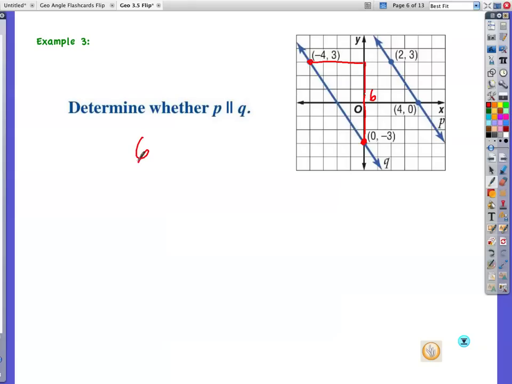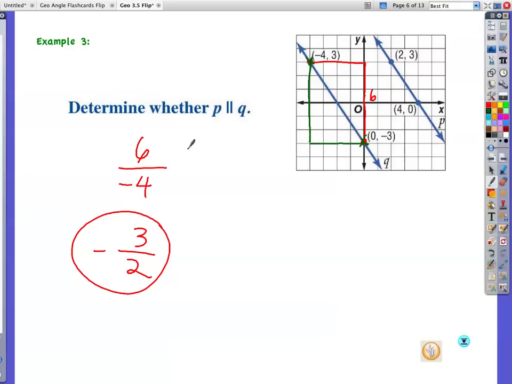So I have 6 over -4, which is -3/2, for one slope. By the way, if you went in the other direction, I would rise -6 and run +4, which is -3/2 as well. Just so we're clear on that. And let me check the other one. If I go from here to here, I would rise -3 and I run +2.